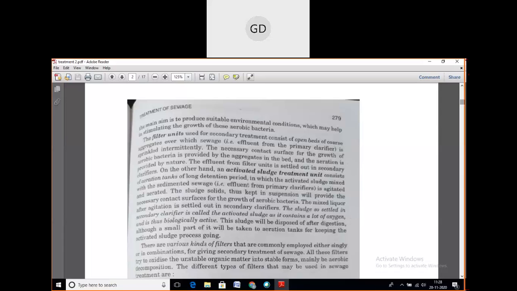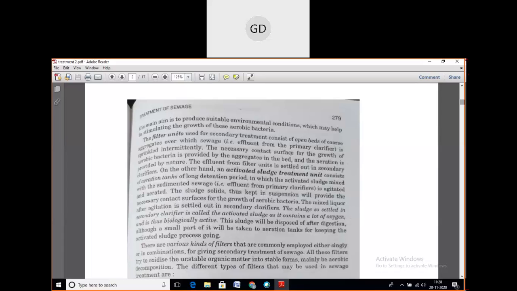The contact surface for the growth of the aerobic bacteria is provided by the aggregates in the bed, and the aeration is provided by nature.